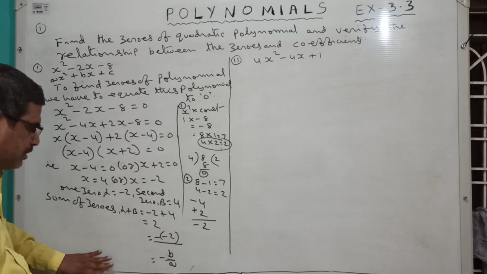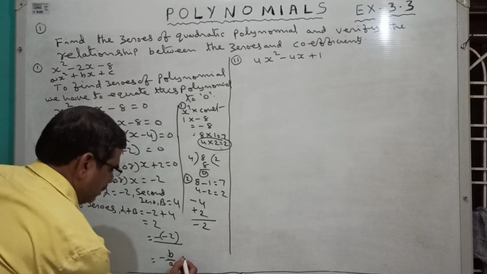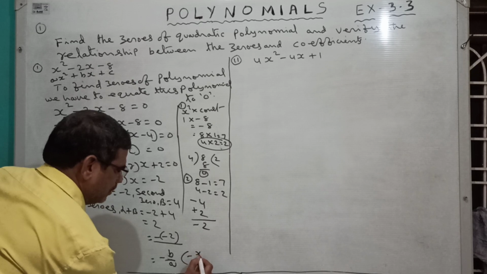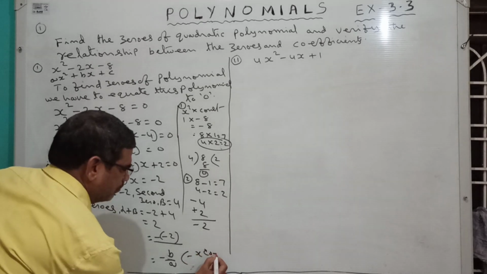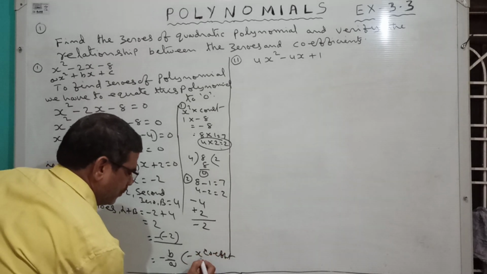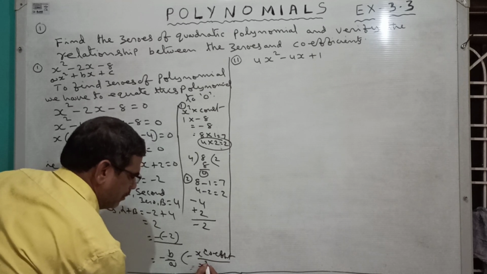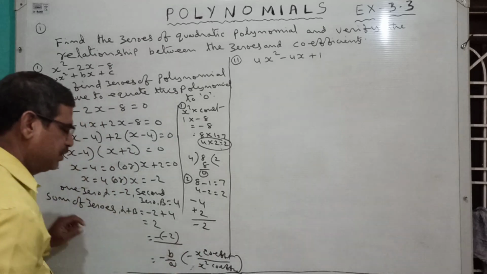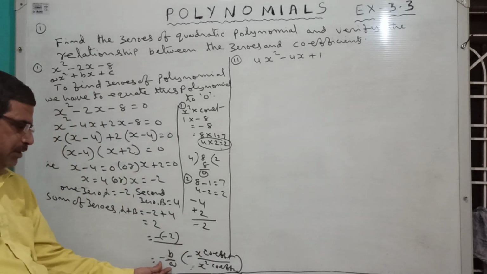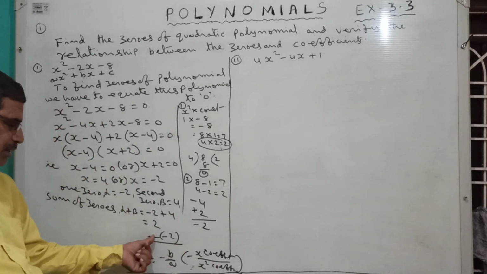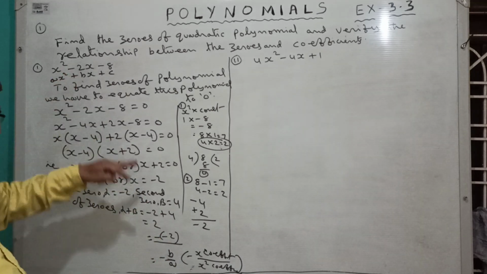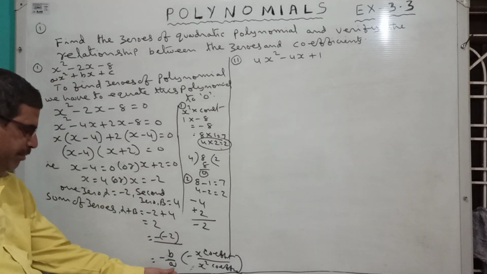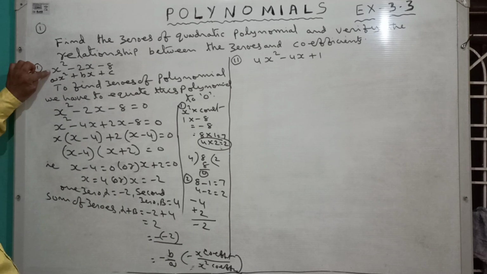Minus b by a means minus x coefficient by x square coefficient. So this is the formula. So I am writing this one. Minus b value minus 2 by a. A means 1.